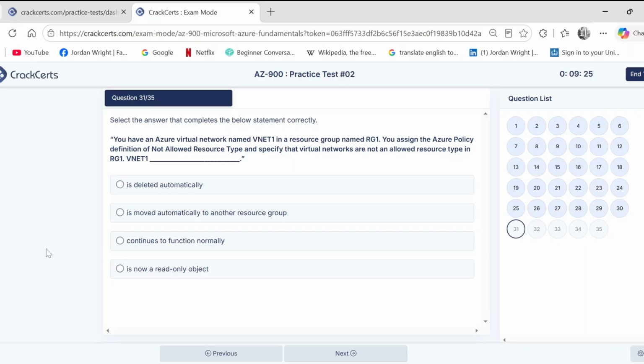And specifically, that virtual networks are not allowed. What do you reckon? Not allowed, so maybe a read-only or are not allowed.